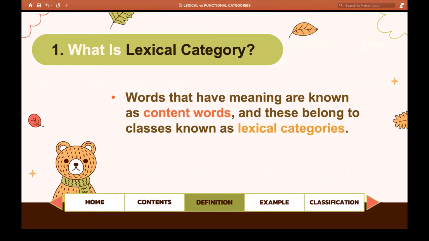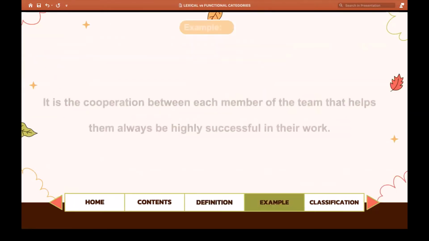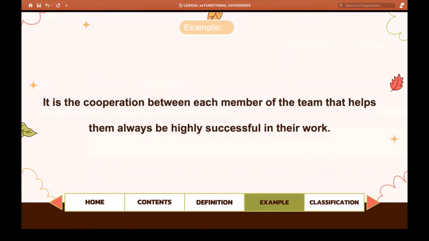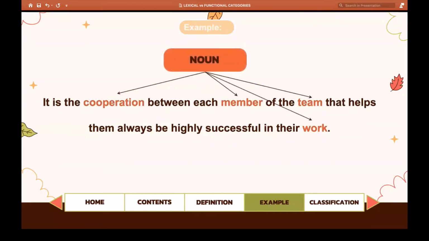So now we will give you a small example. It is the cooperation between each member of the team that helps them always be highly successful in their work. As you can probably see, there are four nouns, which are cooperation, members, team, and work.